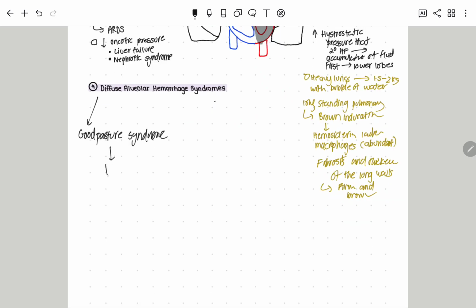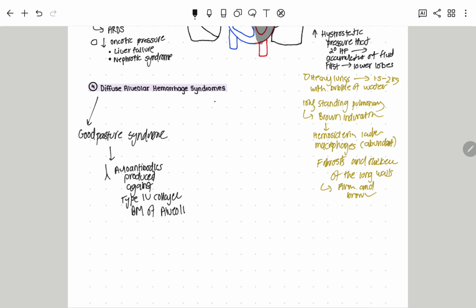And this is normally characterized by the presence of autoantibodies being produced against type 4 collagen that is found in the basement membrane of the alveoli. And that's all there is to it.